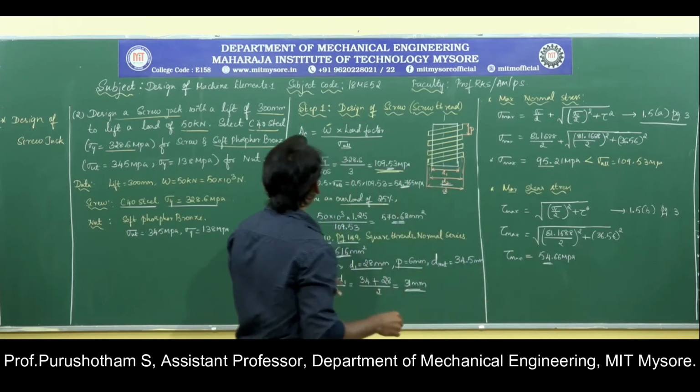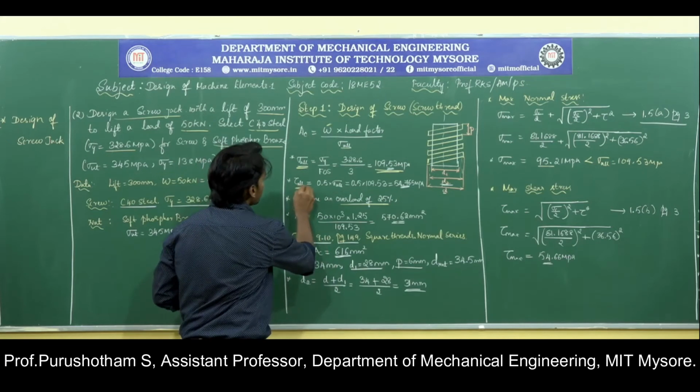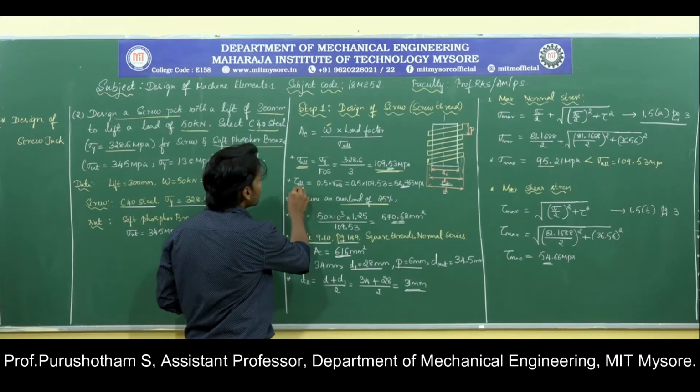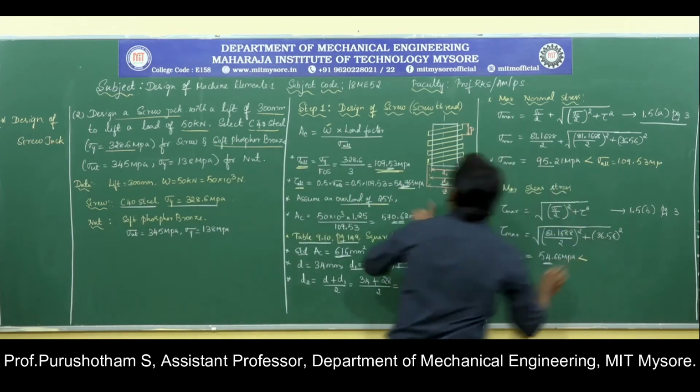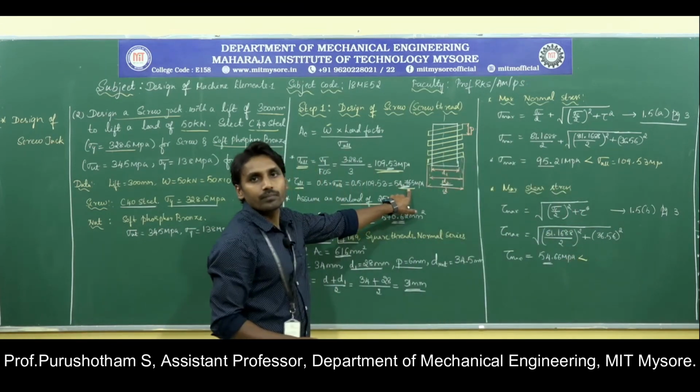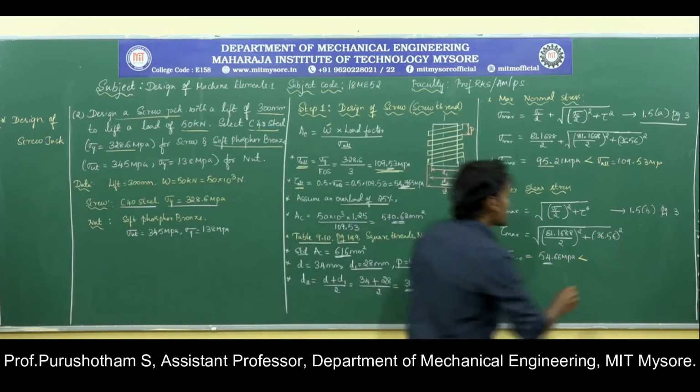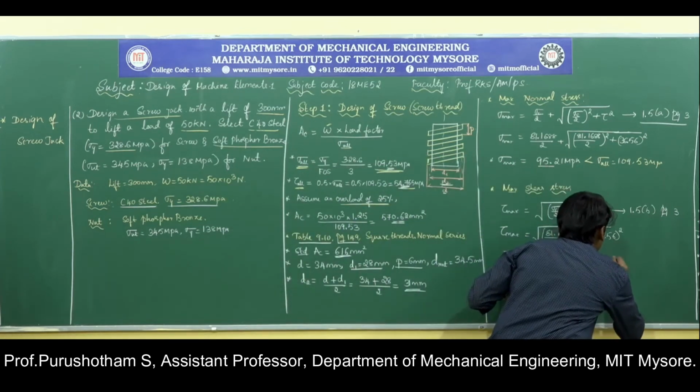Now let us see what will be the allowable shear stress in the screw material. This will be the allowable shear stress, that is 54.765 megapascal. So the induced stress is less than the allowable stress.